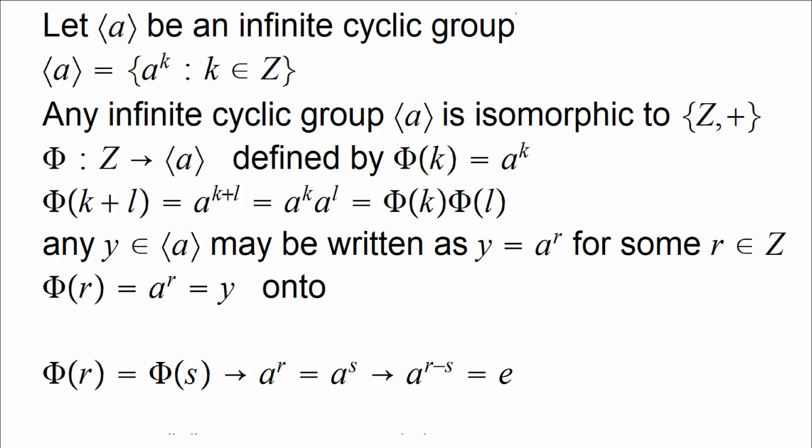Now, remember that we have an infinite cyclic group. So that means a to the r minus s equal to identity means r minus s equals 0, which gives us r is equal to s. In other words, phi is injective, or phi is 1-1. So we have this isomorphism.